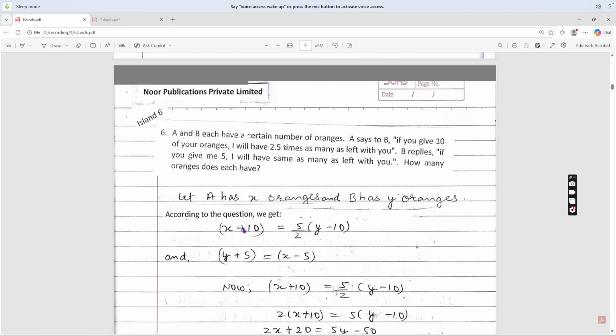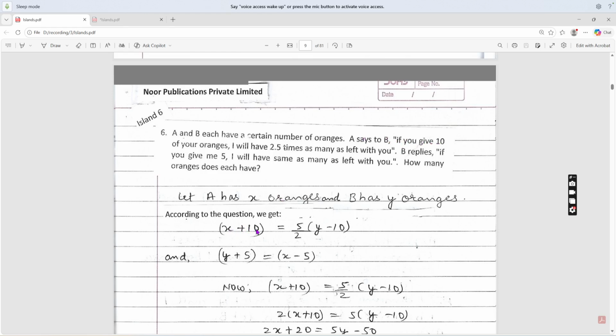So the new number of oranges with A would be X plus 10, and the new number with B would be Y minus 10. Why? Because it is clearly mentioned: A says to B, if you give 10 of your oranges. Who is you here? You is B here. So B has to sacrifice 10 of his oranges and A gains 10 oranges.